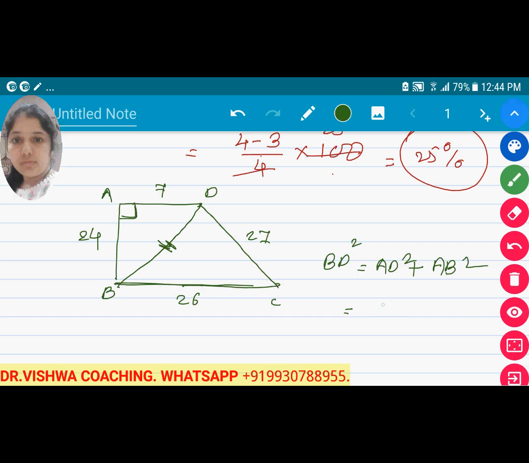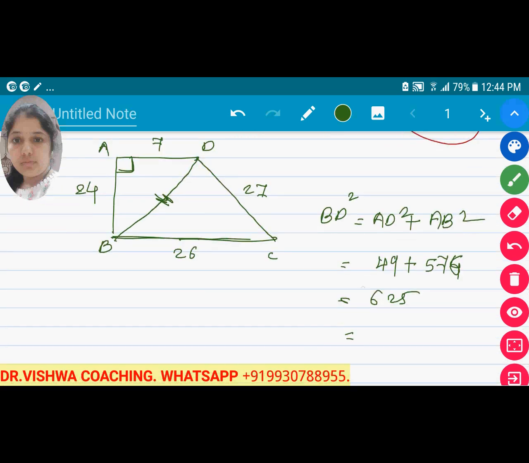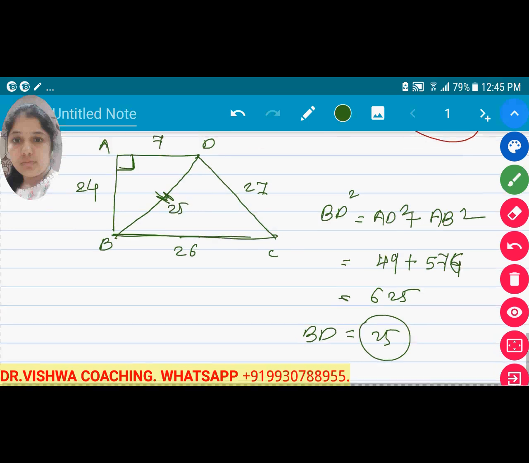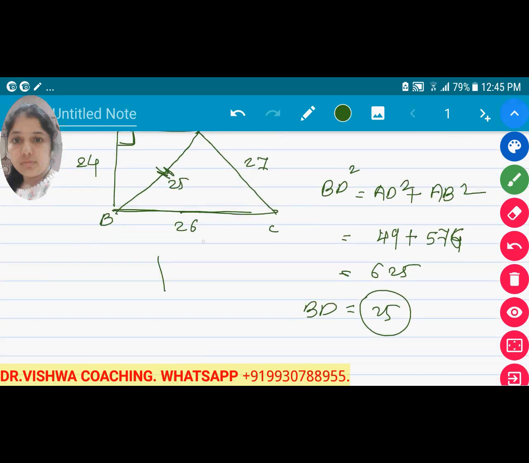Now AD is 7, so 49 plus 24 square, which is 576. So the sum is 625. So BD is equal to 25. 625 is the square of 25. Now we got the value of BD.